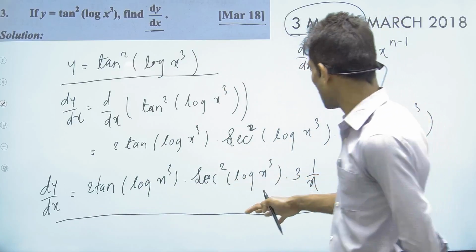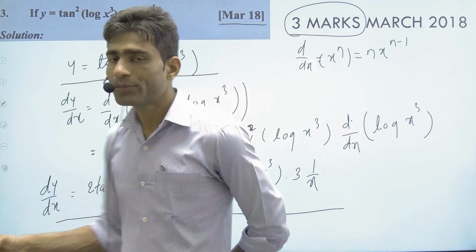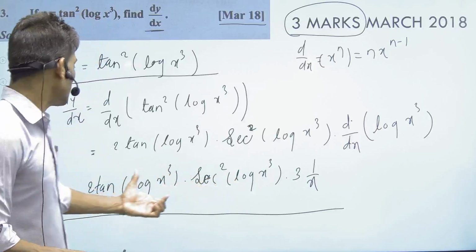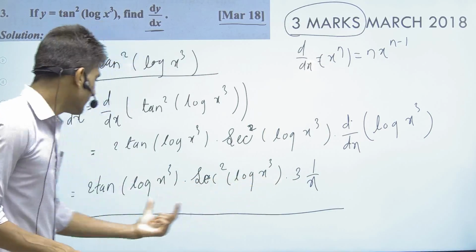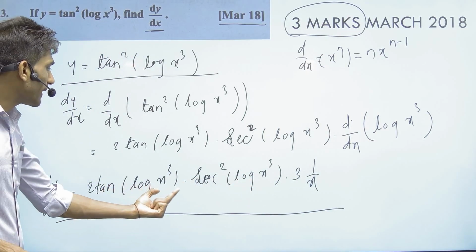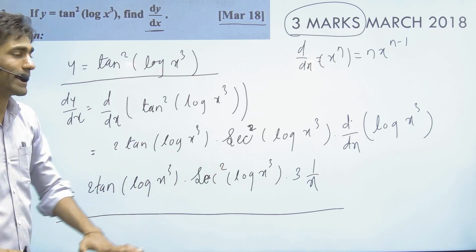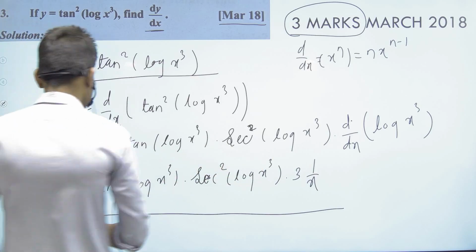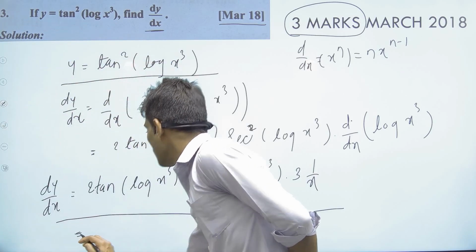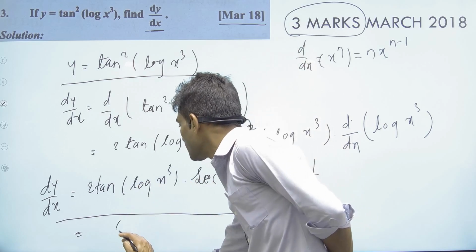If possible, for finding the next step, multiply 2 into 3, it gives us 6. Tan of log of x cube, sec square log of x cube divided by x. Okay, so how can we write the next step here? So here we can see 3 into 2, we get 6.